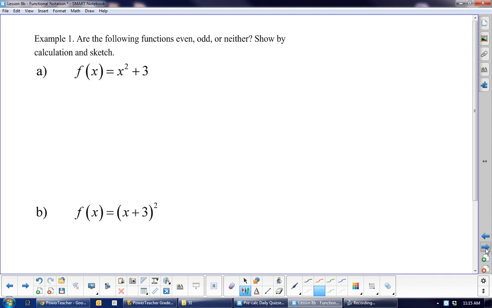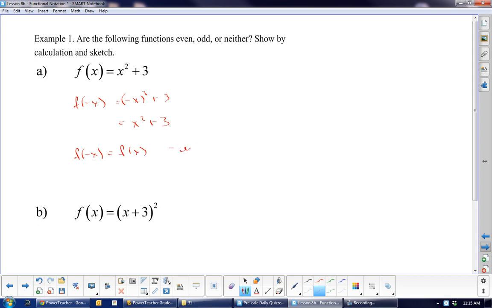So x squared plus 3: you first want to take your x and replace it with negative x, and then you get negative x squared plus 3 equals x squared plus 3. Okay, so I got back my original function. So f of negative x equals f of x.